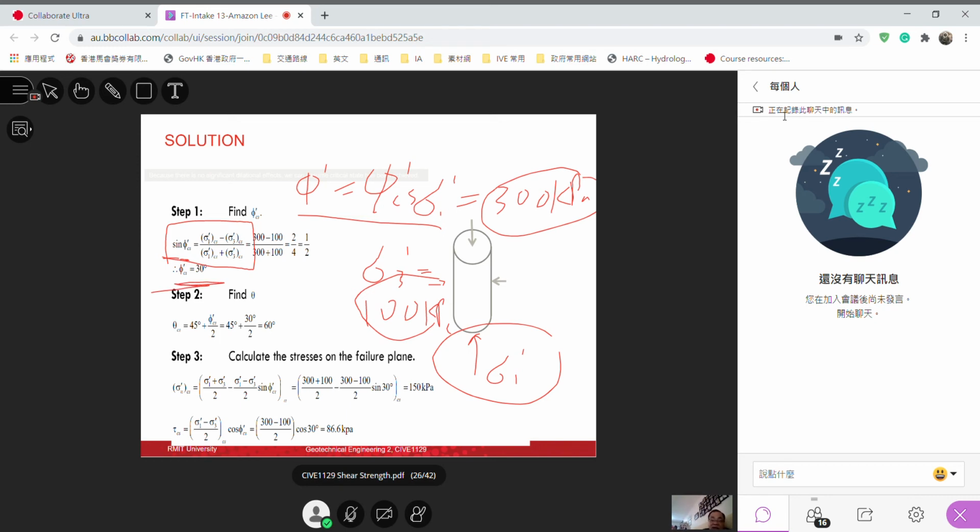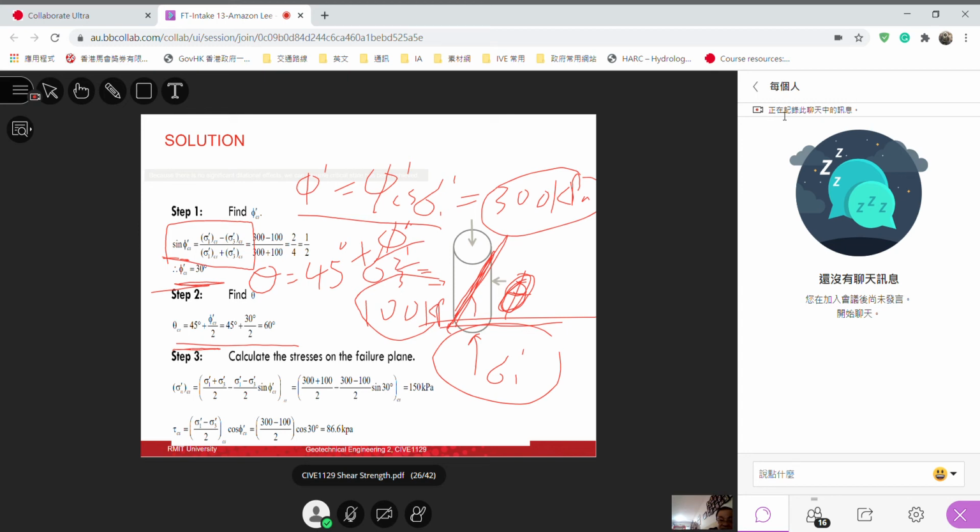And then second, we want to find out this angle of inclination, that means of this failure plane. As I mentioned before, this angle of inclination is always equal to 45 degrees plus the angle of friction divided by 2.